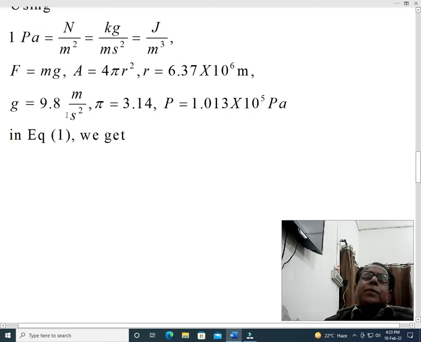Similarly, pi is equal to 3.14, or 22 by 7; the decimal representation of pi goes endlessly. It is a non-terminating, non-repeating expression.